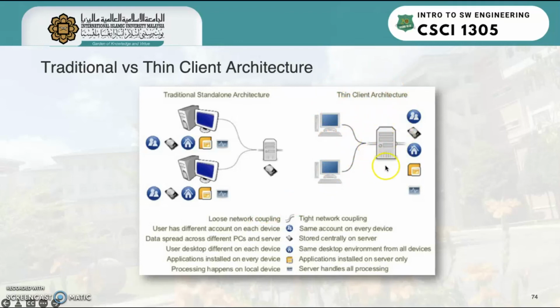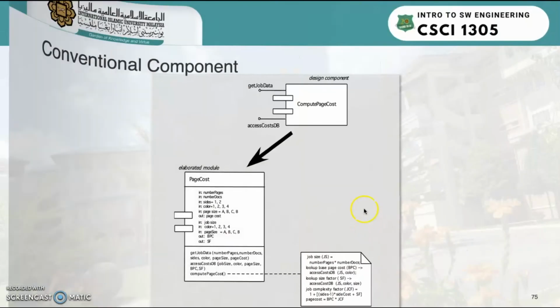It will be mostly covered on the server side, or the cloud side. So the server handles all the processing, but here the processing happens on the local device, only to get data from here, pass it here, and the processes will be handled at the client.